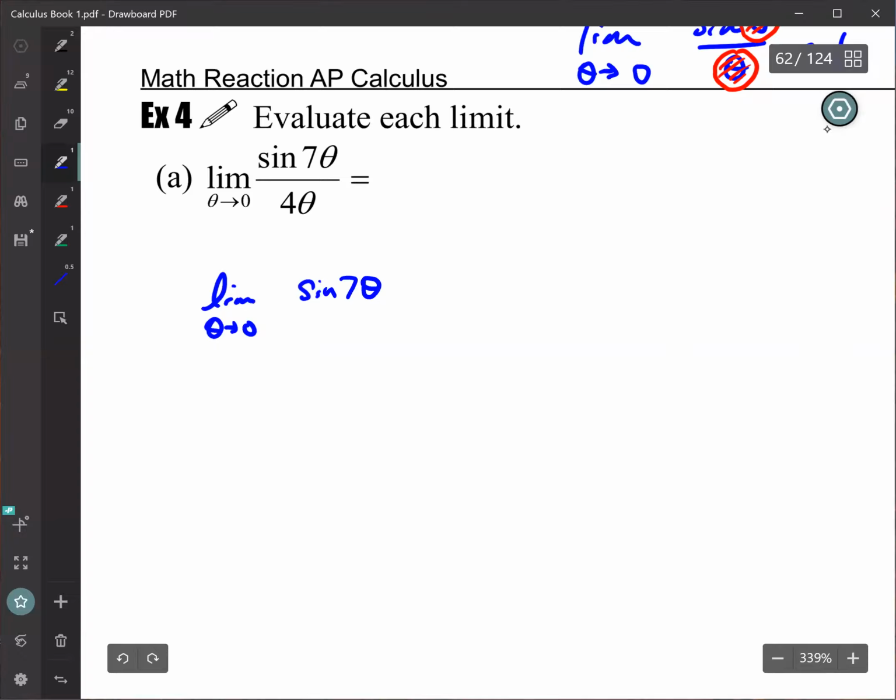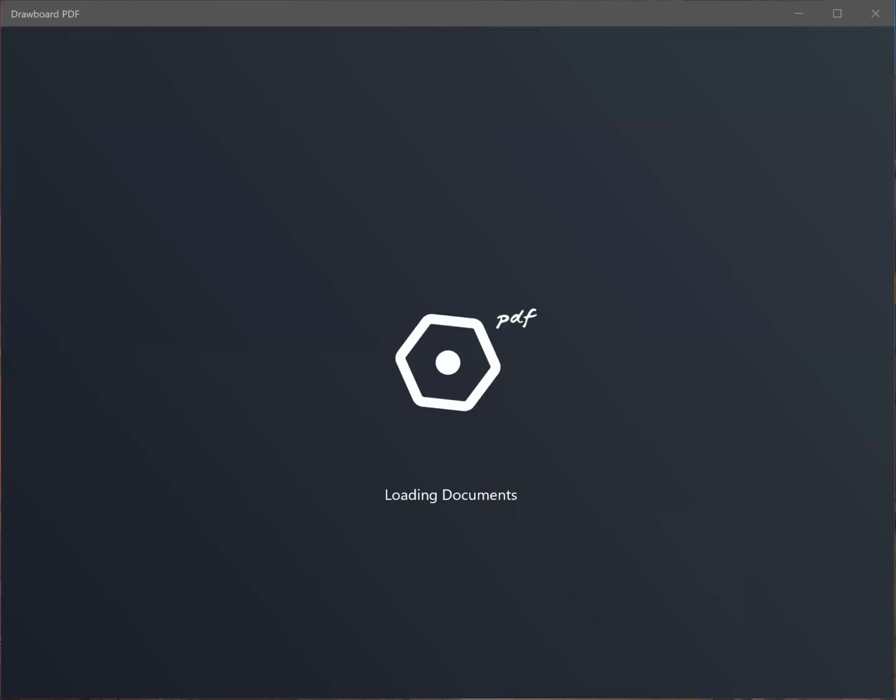Okay, my program just crashed. Give me one second. I feel it's because the weather is too hot. Can you all see the screen now?